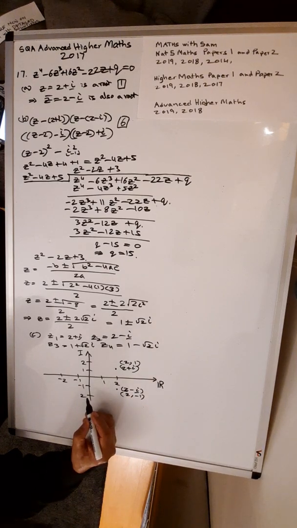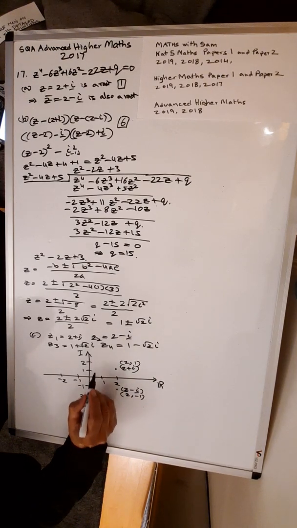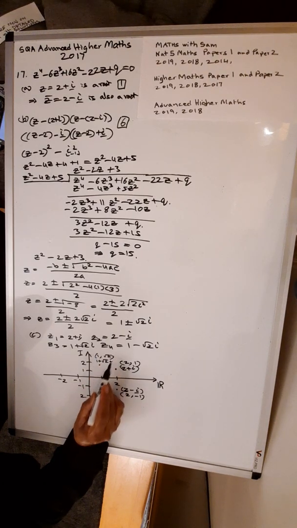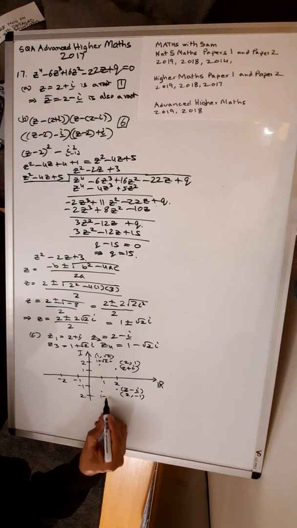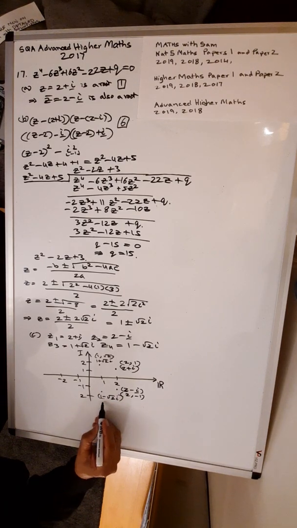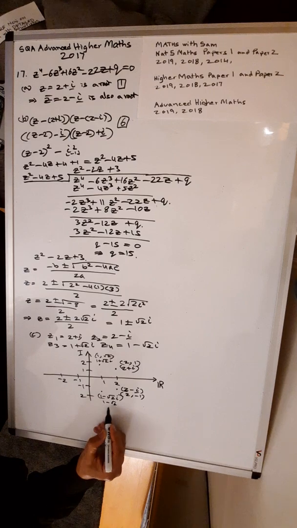The other two, 1 plus root 2i, would be above this somewhere here. This is 1 plus root 2i, or (1, root 2). And down here you'd have 1 minus root 2i, or (1, minus root 2).